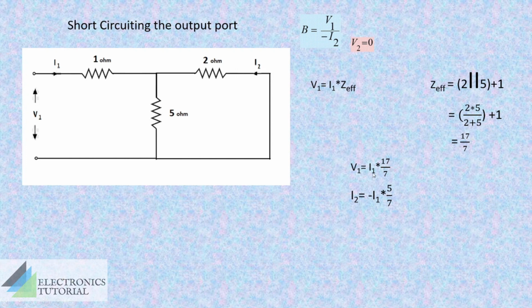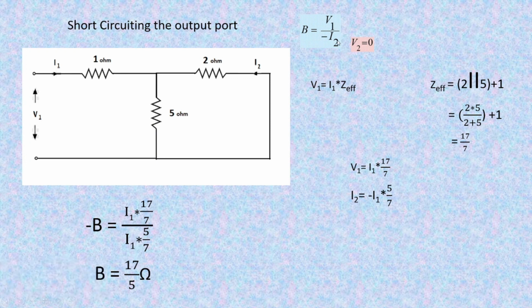We'll get an expression for B. The minus sign has been put over here and the expression for minus B will be V1 by I2, and we'll get the solution as 17 by 5. Put the unit as ohm because the expression is V by I, an impedance value.